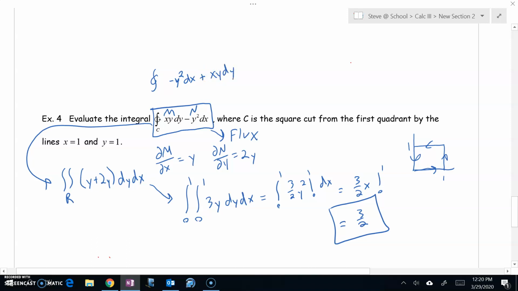This is now counterclockwise circulation, as opposed to this, which was just flux. So in this case, my m would be this, my n would be that, and then I can turn it into this curl integral.